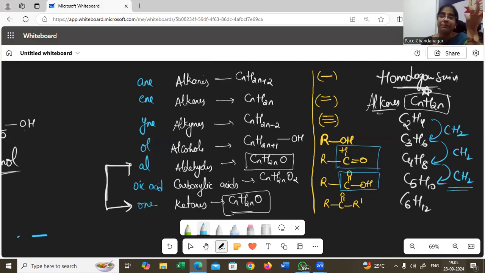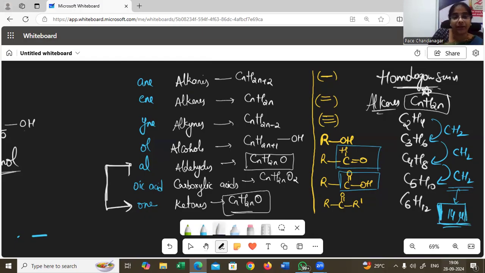Each and every member of this series differs by a CH2 group, which is a mass of 14 u, atomic mass unit, right? Why? Because carbon is 12 and each hydrogen is 1, so 2 hydrogens you have there. This is 12 plus 2, that is your 14 atomic mass. So they differ by a mass of 14. This is what is called a homologous series.